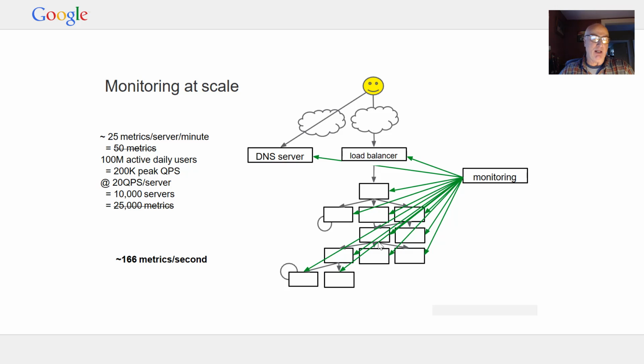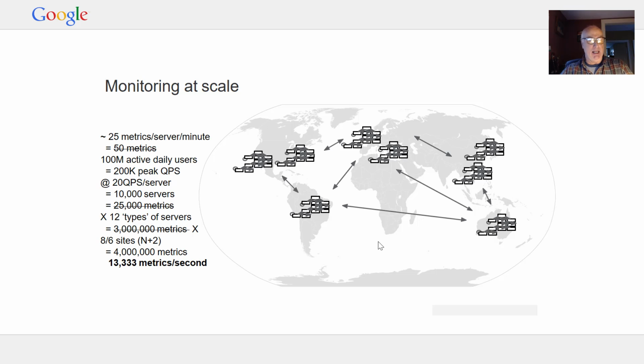And then if you start adding in more servers, it just gets even more complicated, to the point where we're at 10,000 metrics per second. And then if we're doing this globally, we could get 13,000 metrics per second going someplace. It gets big very, very quickly.